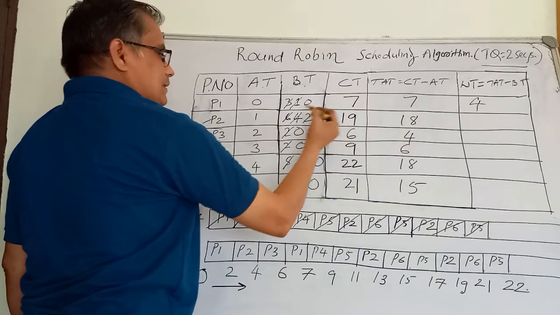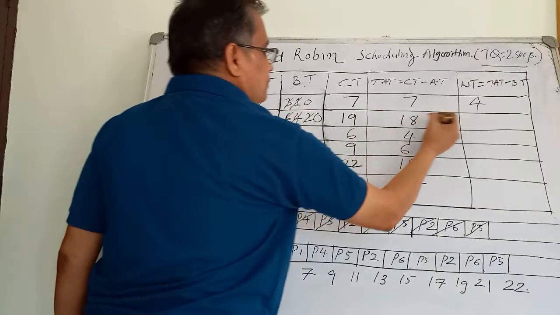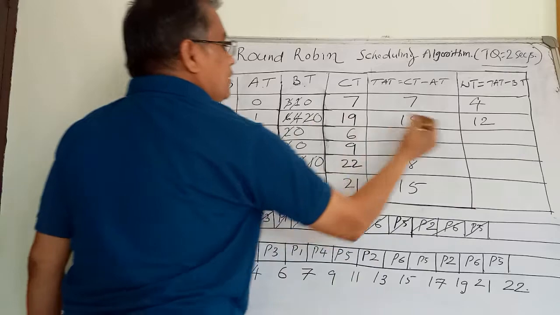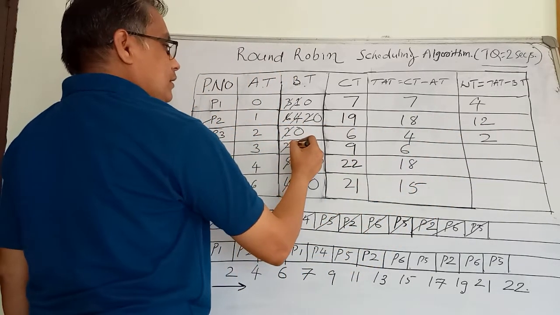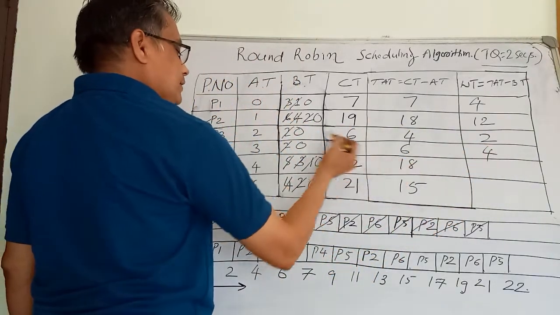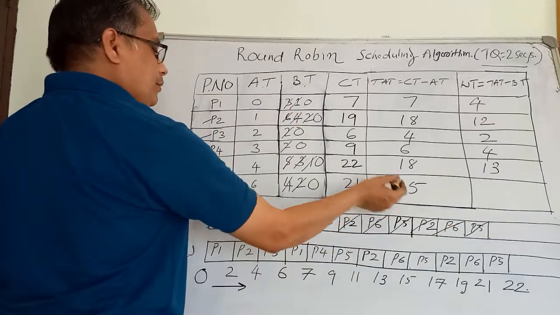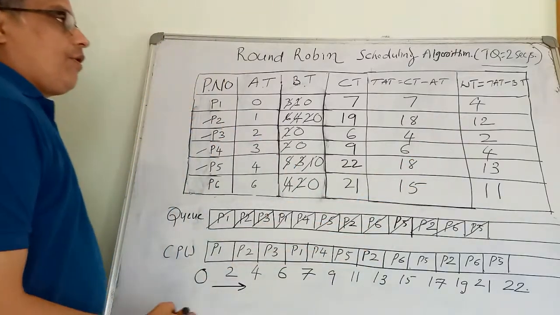Okay, 18 minus 6 is how much? 12. 4 minus 2 is 2. 6 minus 2 is 4. 18 minus 5 is 13. 15 minus 4 is 11.